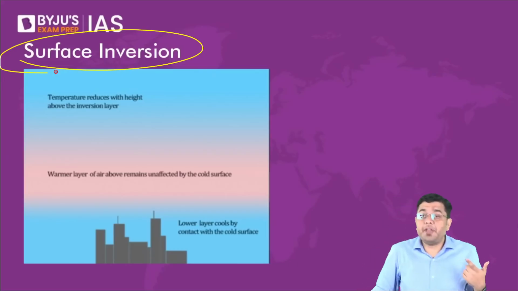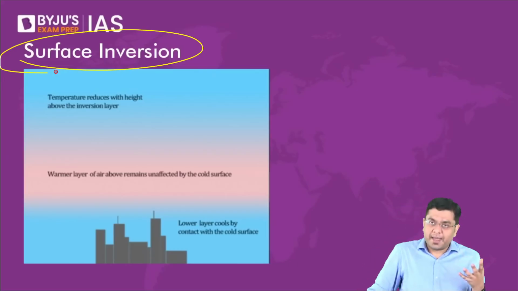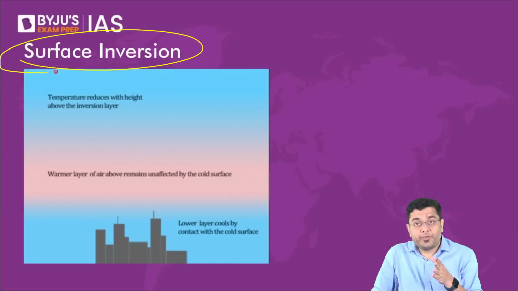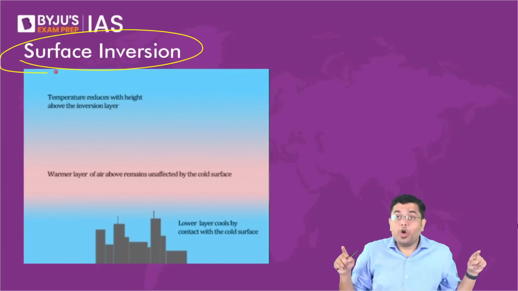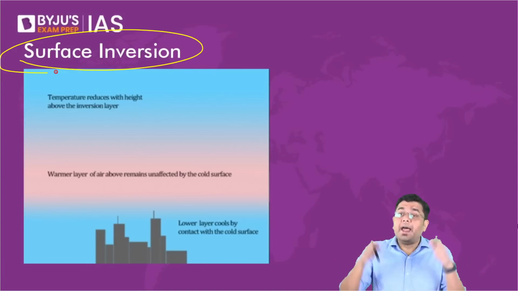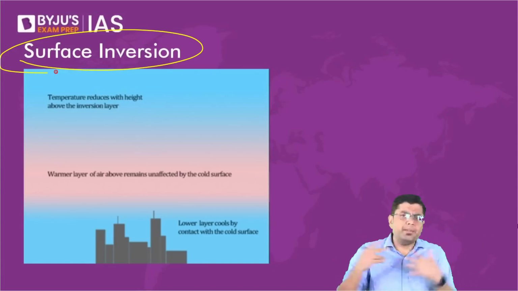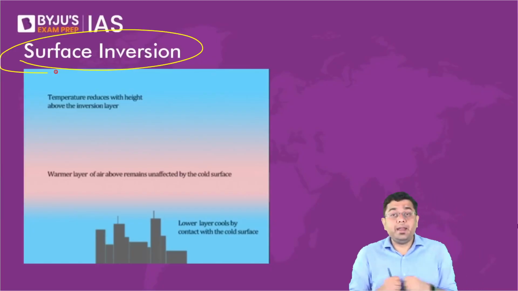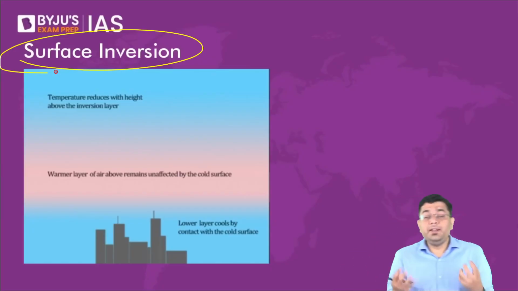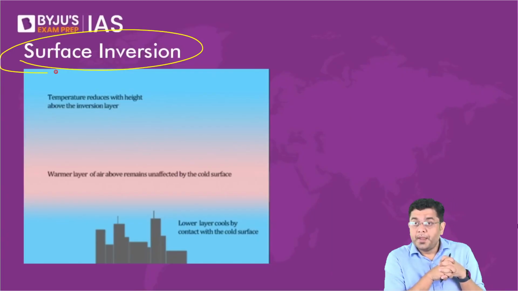And when does that happen? During the winter months, during the nights, because in the winter, the nights are longer. And it is during the nights that the surface loses heat, be it summer or winter. The surface will lose heat during the night and gain heat during the day. So during the night, when it loses heat, it will become very, very cold.